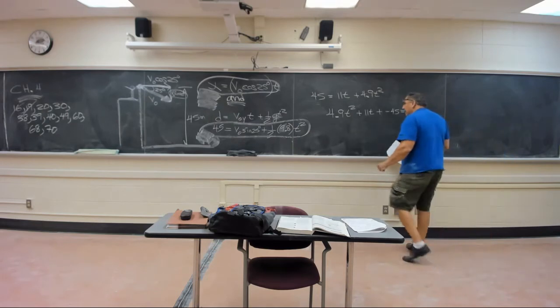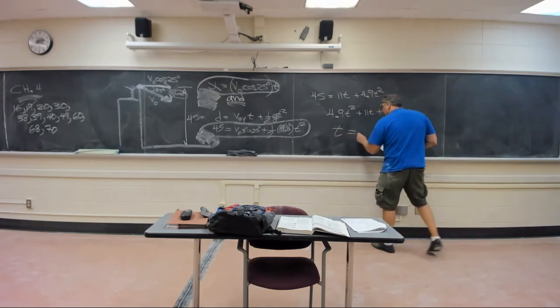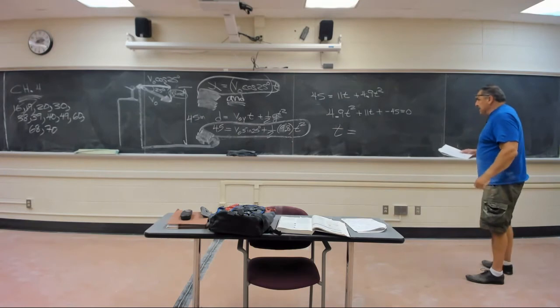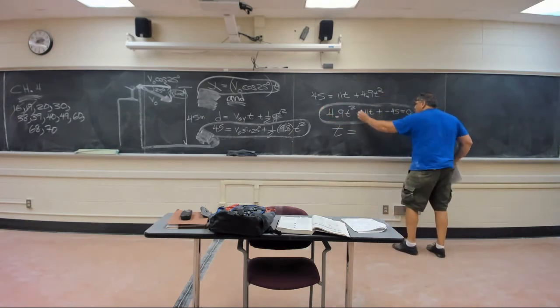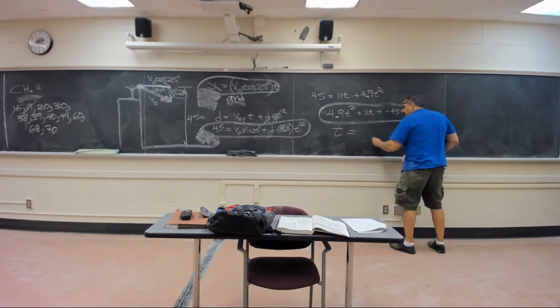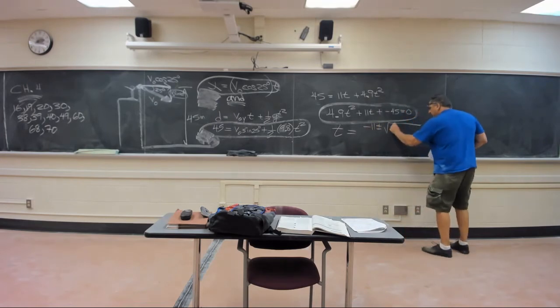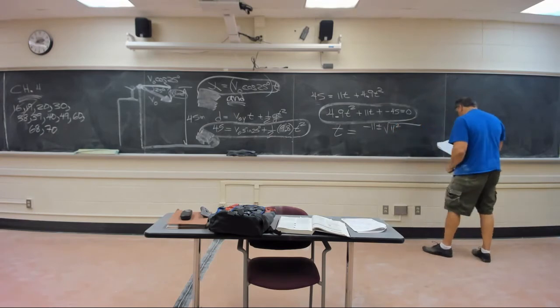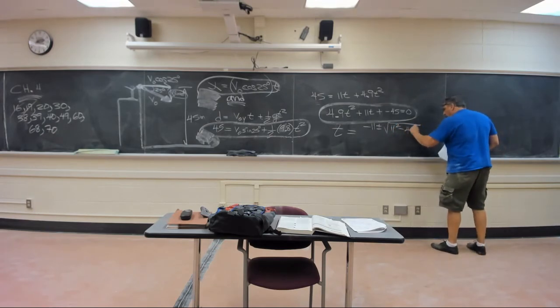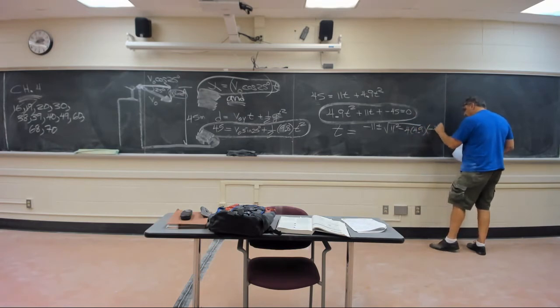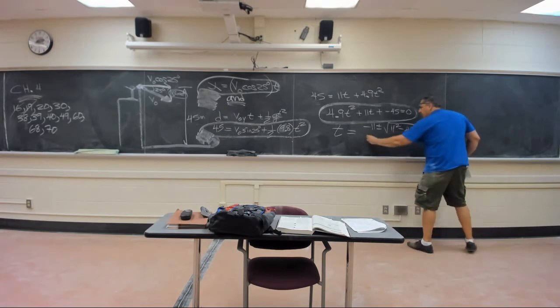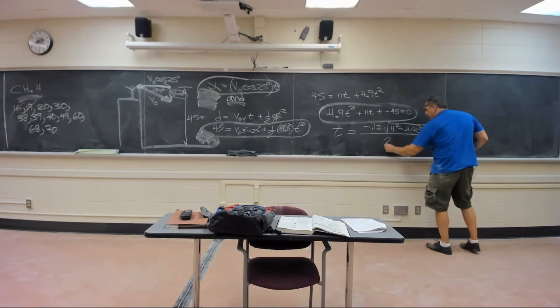We got that. T is equal to, plug this into the quadratic equation, you guys. The quadratic equation: the opposite of b plus or minus the square root of b squared minus 4ac, the whole thing over 2a.